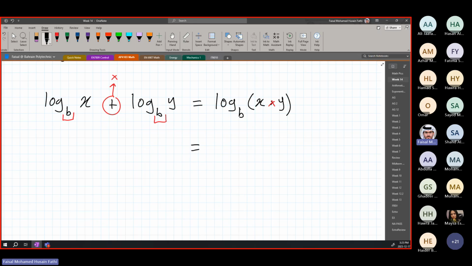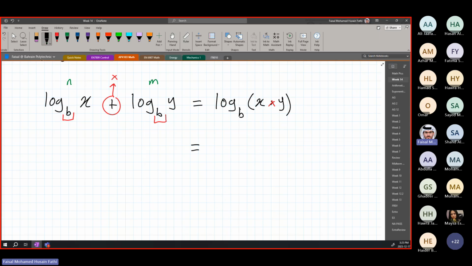Let's start with this one. Let's call the solution of this n, for example, and the solution of this m, just to simplify it a little bit.